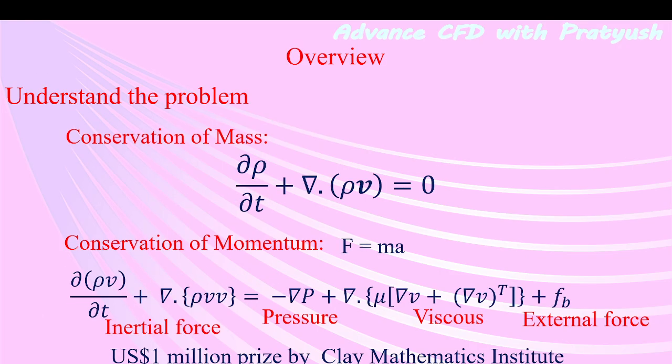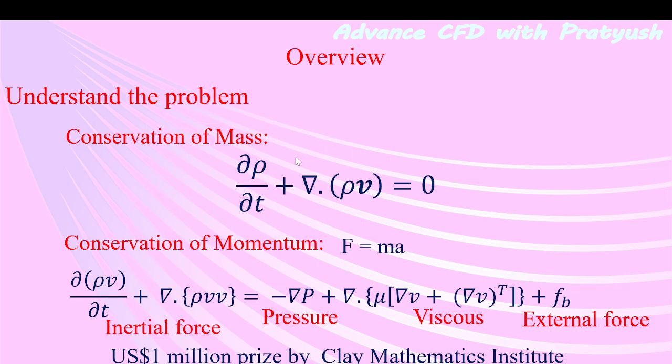Now let's speak about the Navier-Stokes equation, meaning fluid mechanics. We generally solve these two equations, that is the mass conservation and the momentum conservation equations. Mass conservation is simply a conservation law that is available everywhere. If we study any of the physics, this conservation law is always followed.